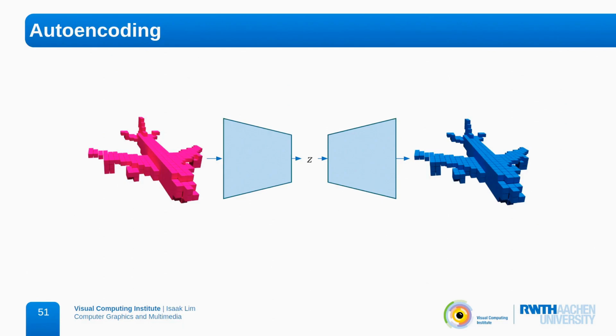On the left-hand side, we have some input shape, and then we have an encoder that produces an encoding Z, and then this encoding Z is fed into a decoder, which again produces a voxelized representation, which should be a close approximation of the input. The benefit of using a voxel representation here is twofold.